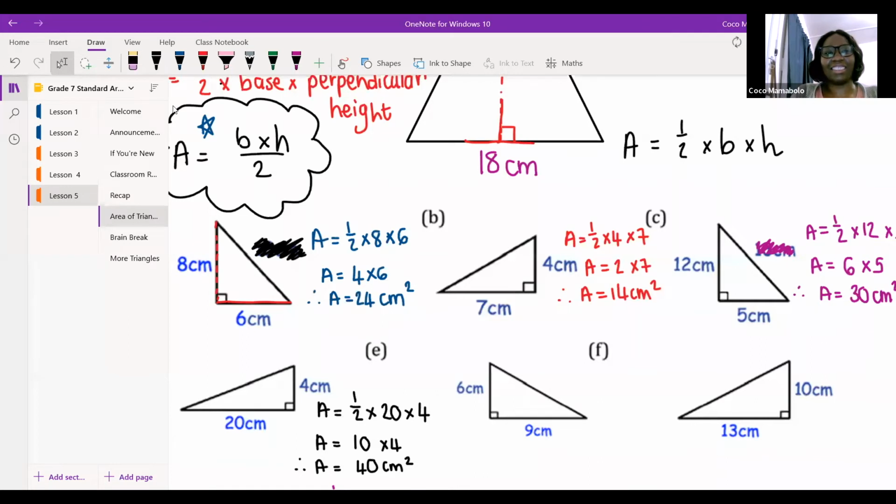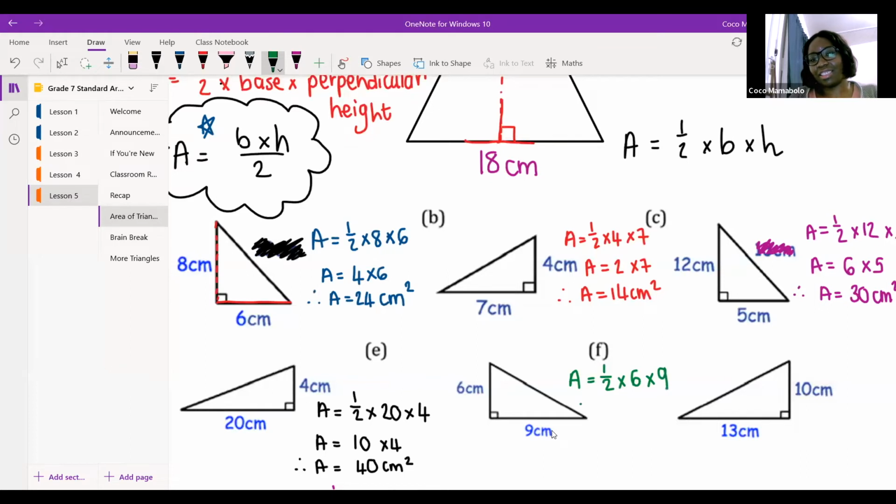Ready? Hi. So what am I writing? For the next one, we're going to say area equals half times 6 times 9.